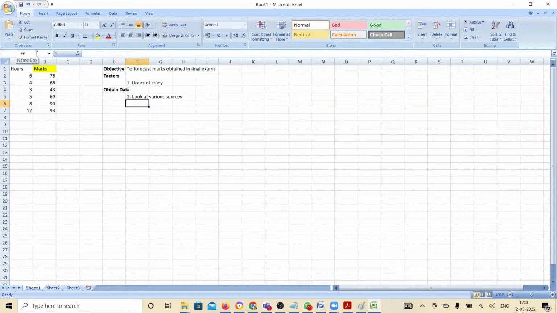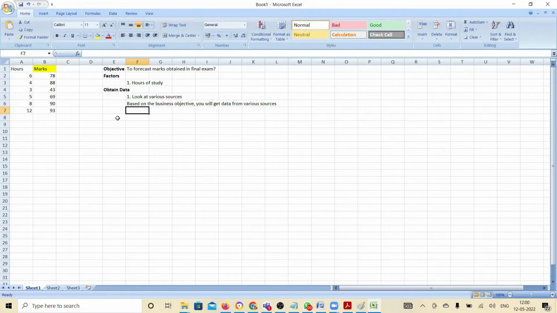So depending upon your business objective, you will look for data from various sources. So the third step is to obtain data.